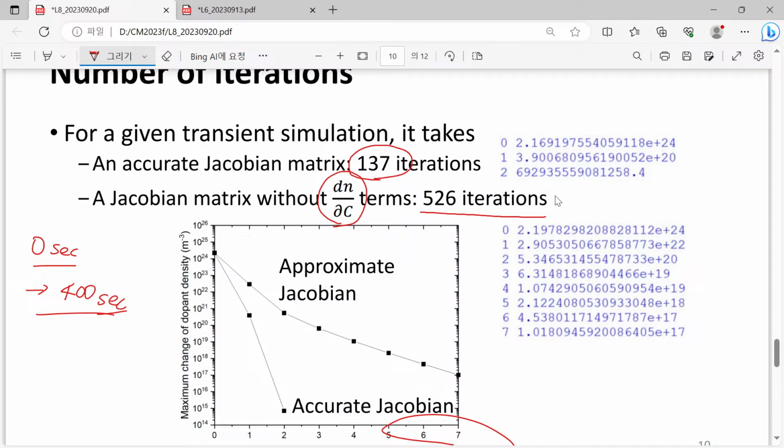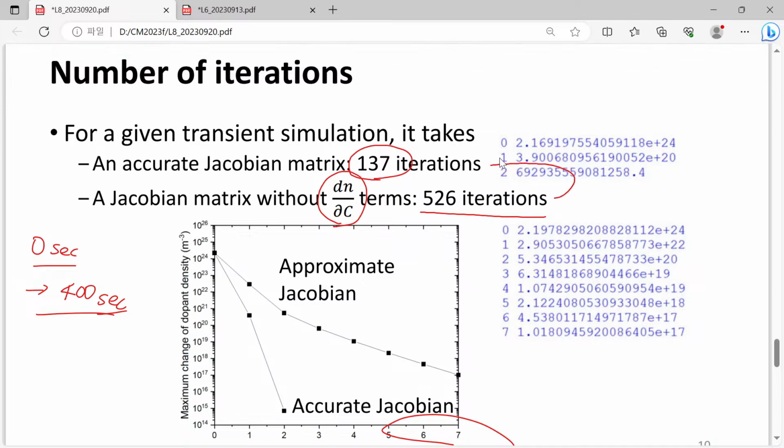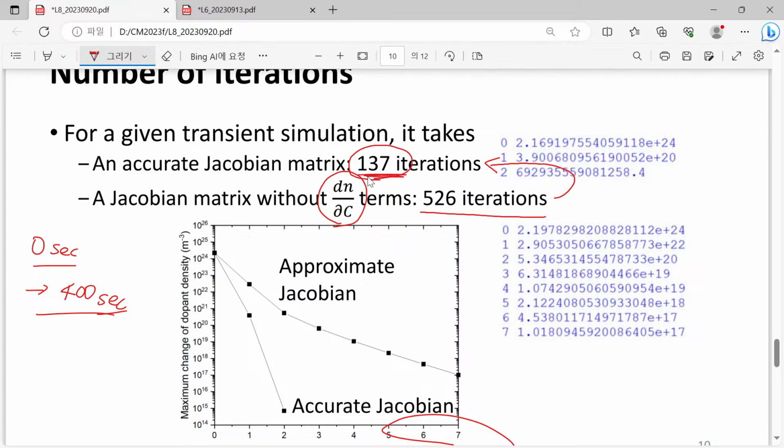If you are clever and spend some effort on the implementation, then your code runs faster. And if you are a little bit naive and just want to stay comfortable, then your code will take longer time.